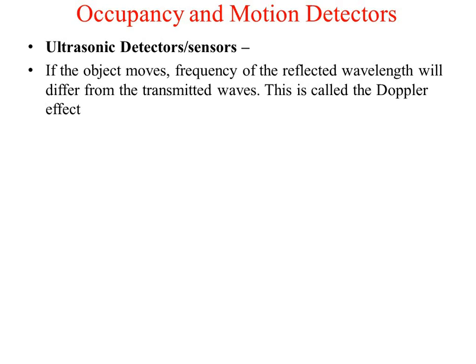If the object moves, the frequency of the reflected wave will differ from the transmitted wave. So if the object is moving, then the reflected wavelength is different from the transmitted wavelength, and this effect is known as the Doppler effect. The same effect is used in most applications.